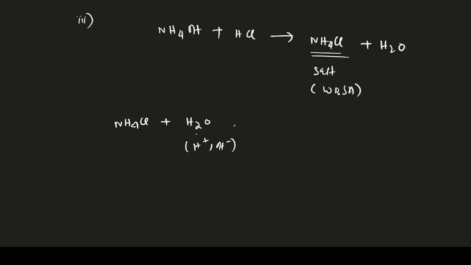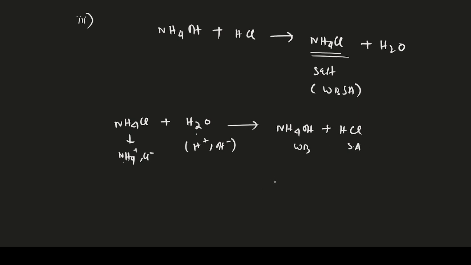This is a strong electrolyte because it comes from strong acid, so it is NH4 plus and Cl minus, so positive will react with negative, so this will form NH4OH and HCl. Okay, but this is a weak base and this is a strong acid.